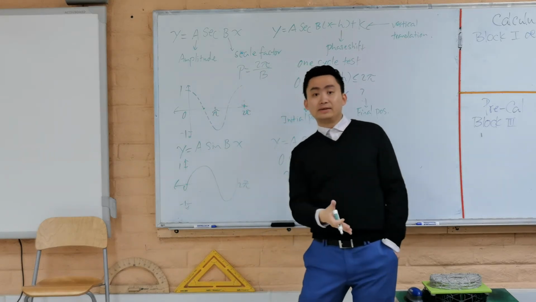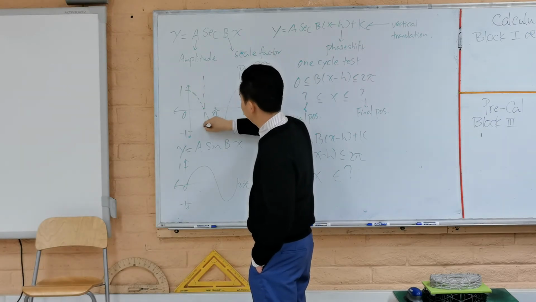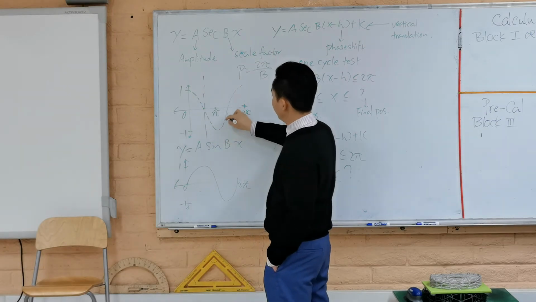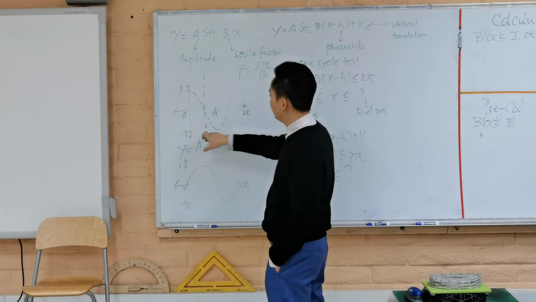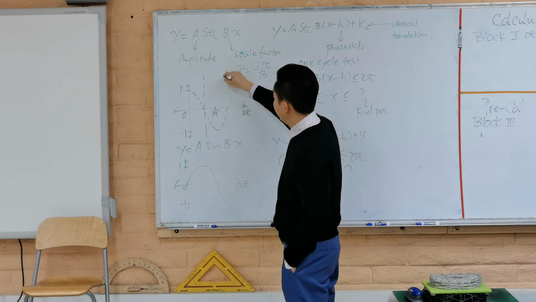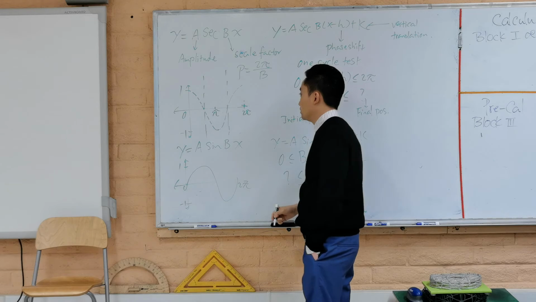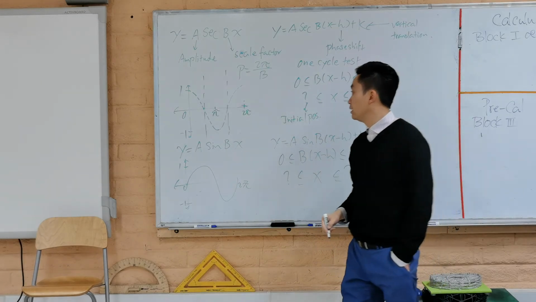If the position is undefined, that means it's a vertical asymptote. Again, the reciprocal of negative 1 is negative 1, and the reciprocal of 0 is again undefined. So anytime you see an undefined position, you'll see a vertical asymptote.